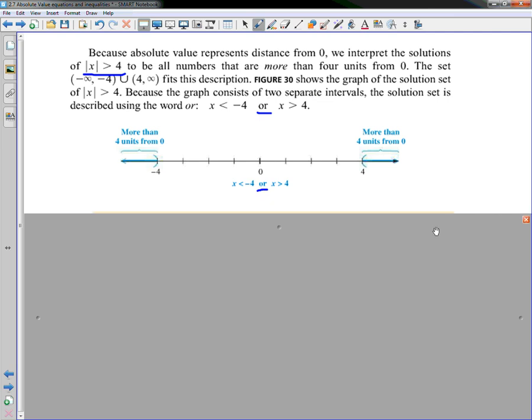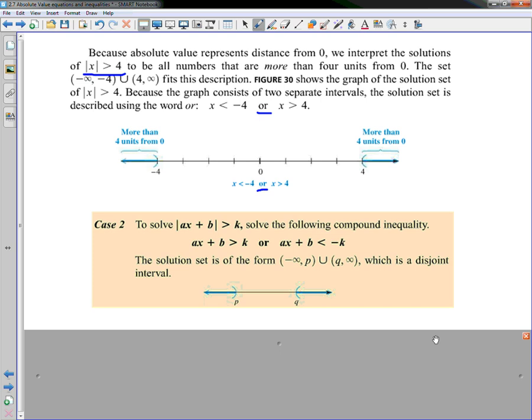Okay, so let's see what this looks like in a math definition. So we have the absolute value now is greater than, and this also works for greater than or equal to. Okay, so what we're going to work with is we want the values inside the absolute value to be greater than k. So it's just the same inequality, just without the absolute values.